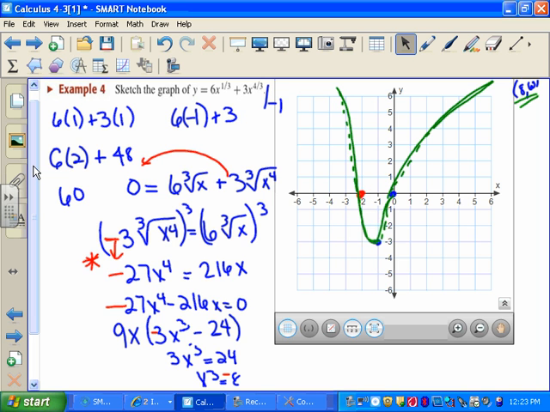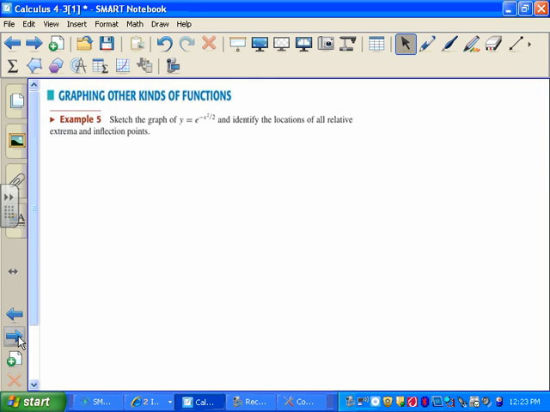Okay, next example. When we're graphing an exponential or a log, those are special functions. And so we want to remember that negative exponents really mean move it to the bottom. Okay. And so in that case, I realize a couple of things. My graph is never going to be 0.